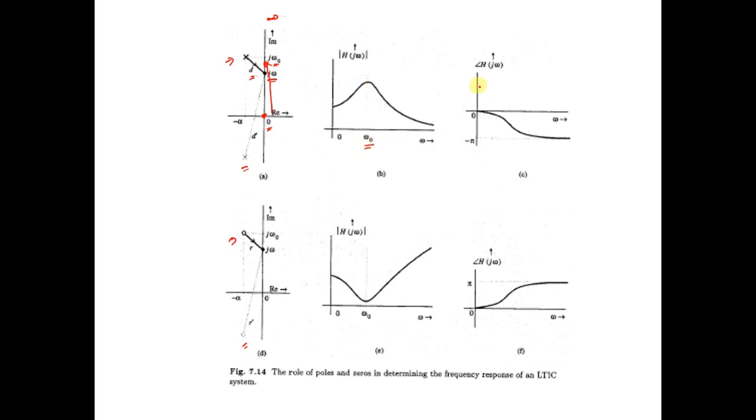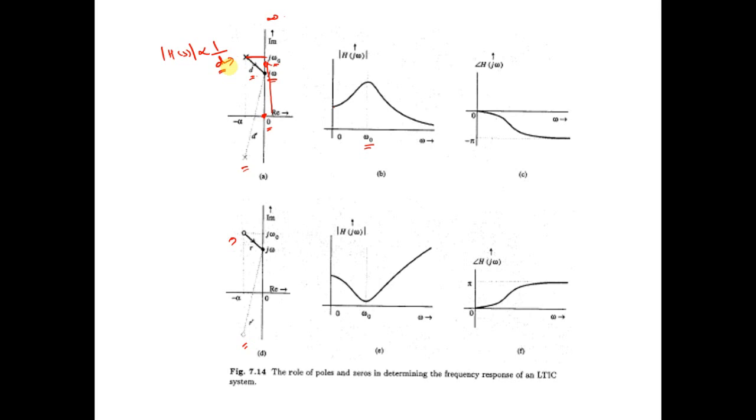Why? Because H(s) is inversely proportional to D. When the pole to the omega naught is in a straight line, it will have the shortest distance, and since it has the shortest distance, D will be small and 1 by D will be high.